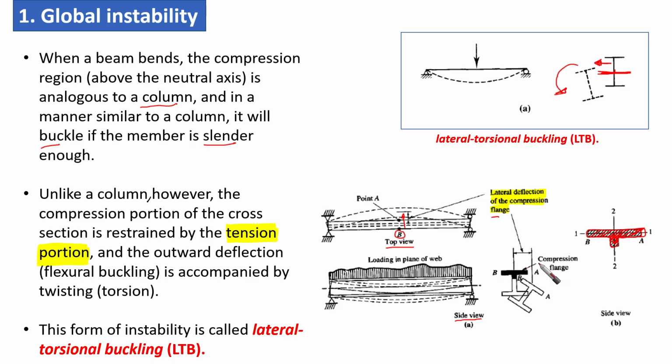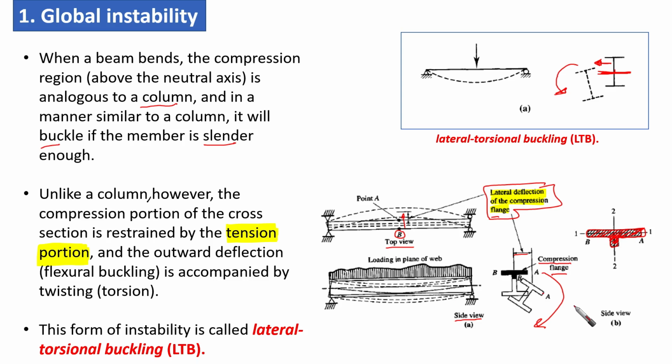So this is the compression flange, and you are going to find that this compression flange moves laterally, which is here, as we said, and at the same time there is rotation. This point A moves here, and point B moves here.